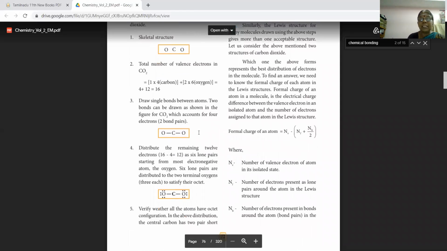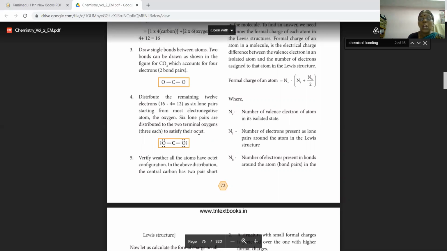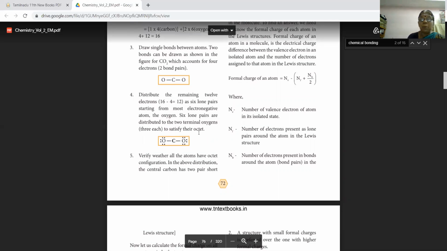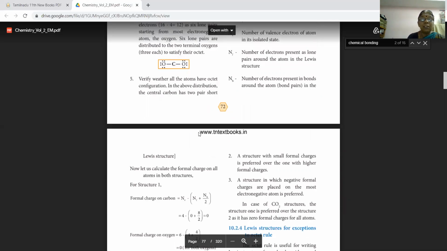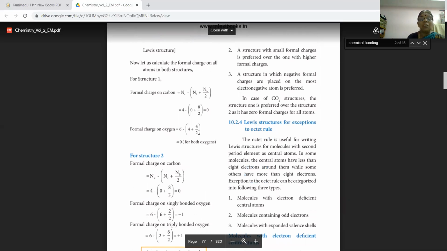Here NV is the number of valence electrons of the atom in its isolated state. NL is the number of electrons present as lone pairs around the atom in the Lewis structure. And NB is the number of electrons present in bonds around the atom, that is bond pairs, in the Lewis structure.